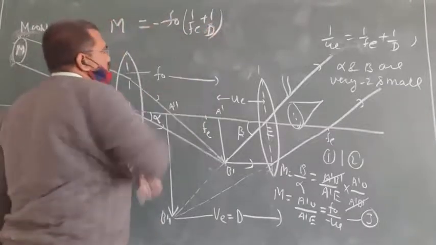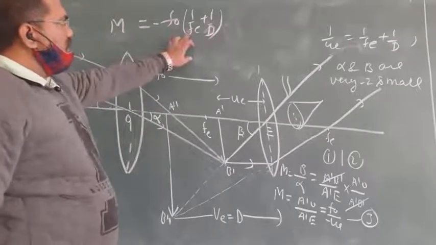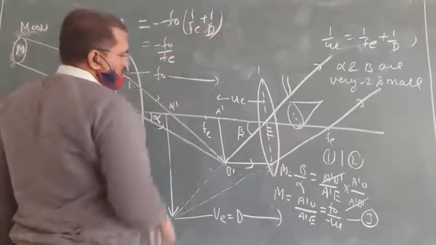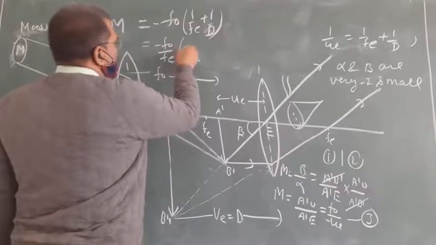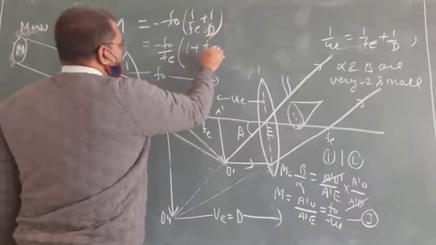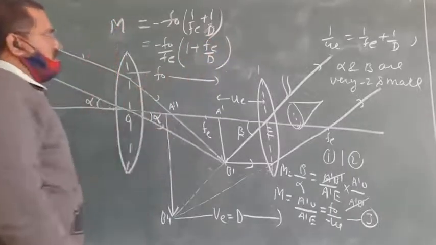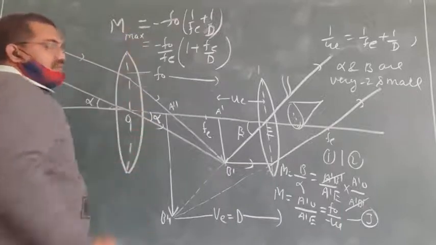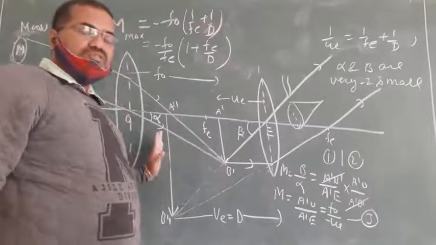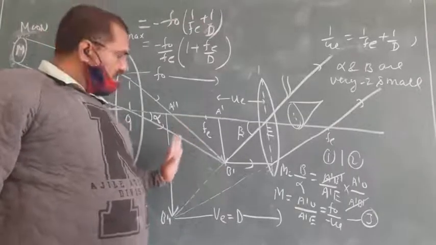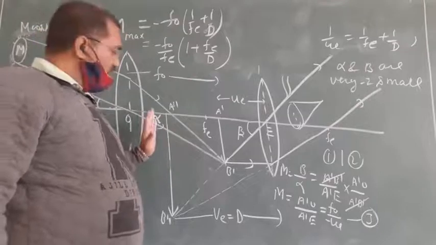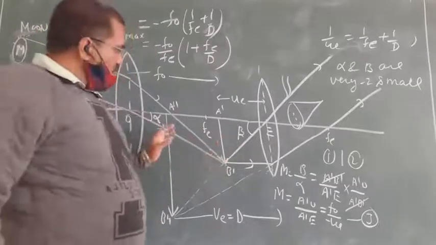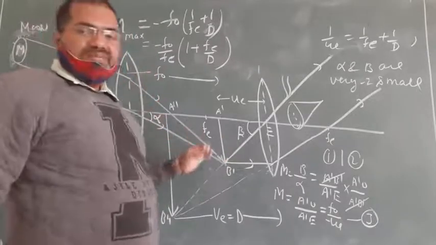Minus. Take FE outside. Minus FO upon FE, 1 plus FE by D. This is the maximum magnification because the final image is formed at the least distance of distinct vision. The image is sharp and most magnified, but it is the strain eye position.